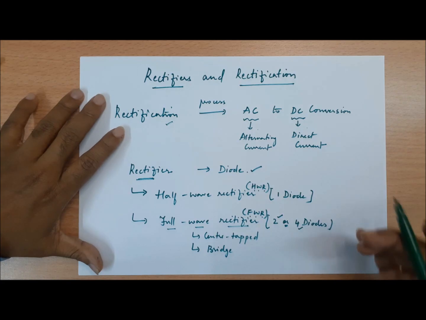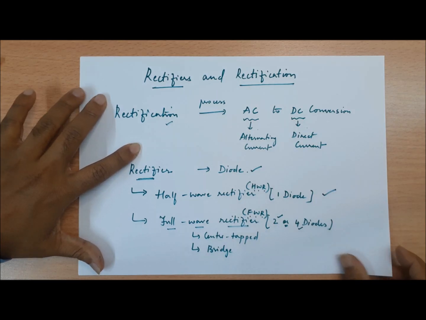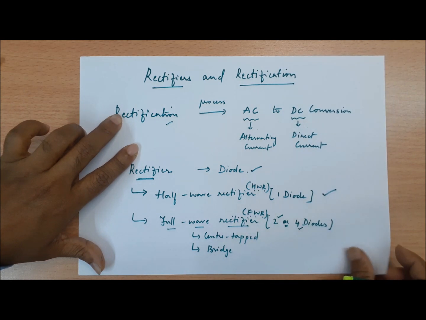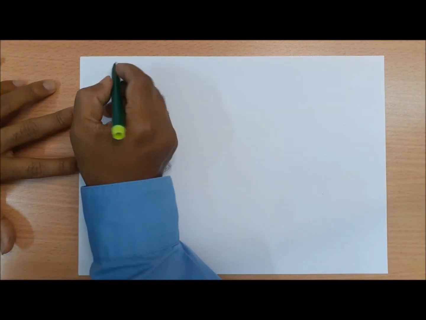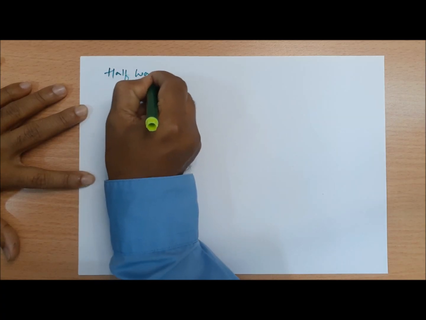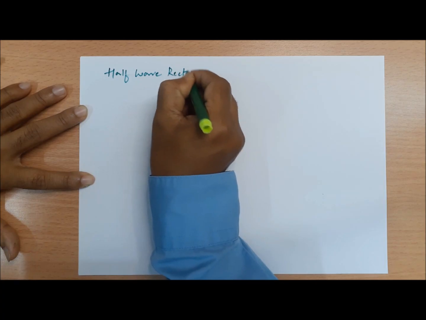Alright, so let us try to understand the working of a full wave rectifier circuit and how the rectification happens in the case of a half wave rectifier circuit. Okay, so let's try to understand the half wave rectifier.